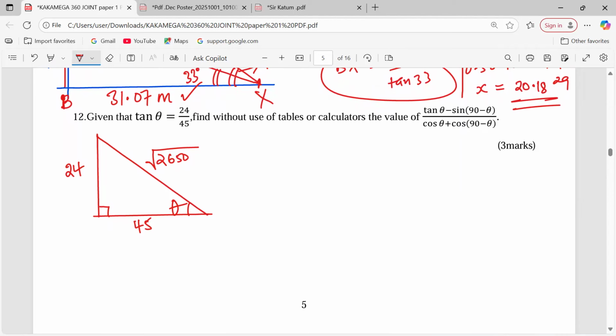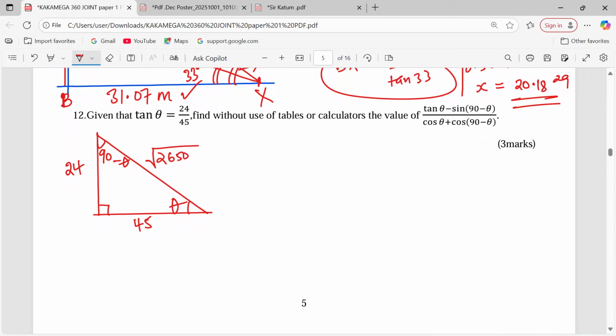So now with this, we can substitute. If this is beta, then this angle is 90 minus beta. So we start with tan beta, which is already expressed as 24 out of 45, then minus the sine of 90 minus beta. You see 90 minus beta is here. So sine is opposite length out of hypotenuse, over the root of 2650. Divide by cosine of beta.